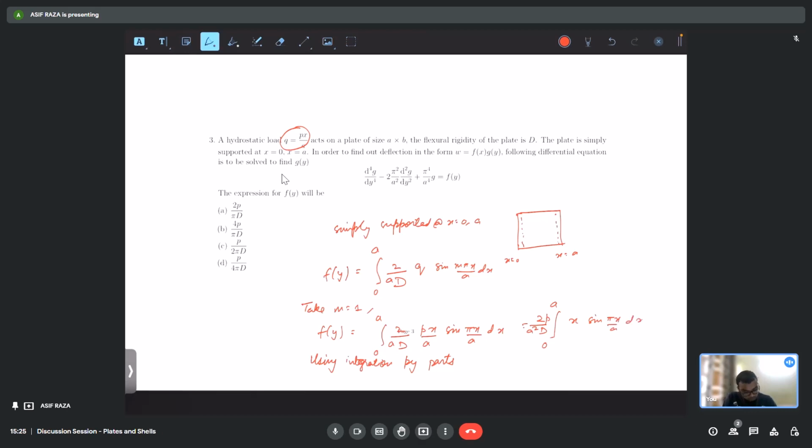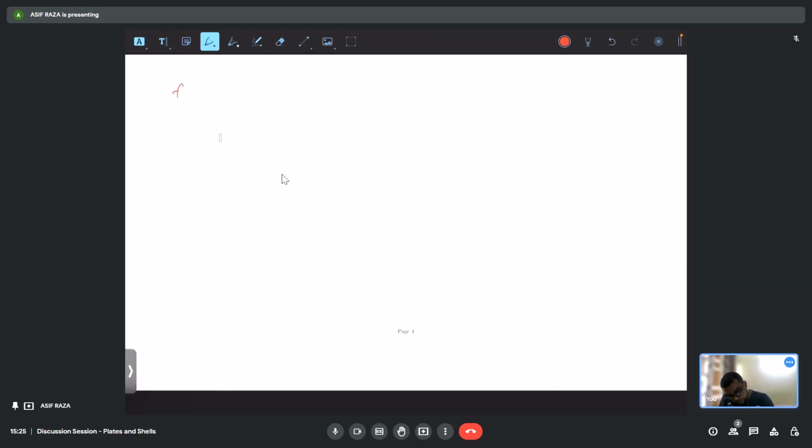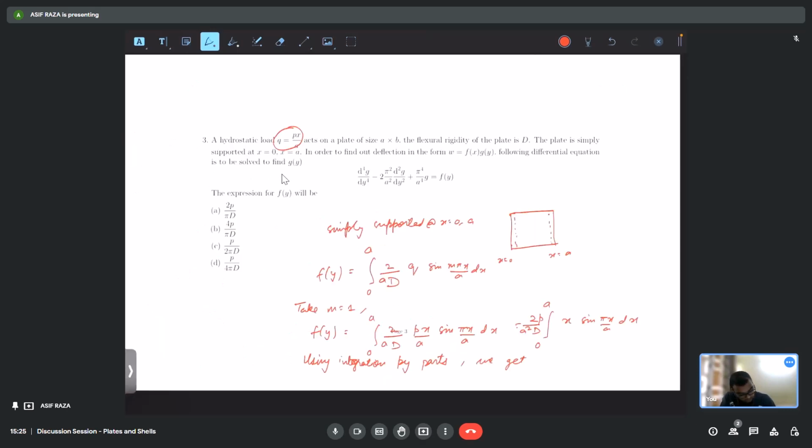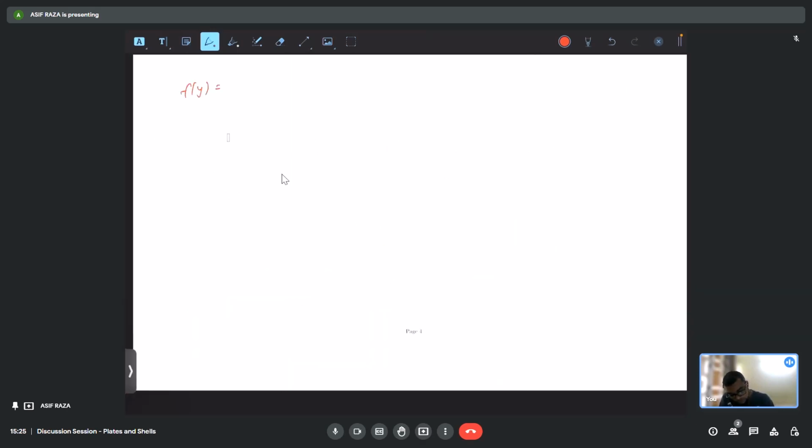So with integration by parts, you would get Fy is equal to, so let's see, we are having 2p a square d, integral 0 to a, x sin(pi x upon a) dx. Integration by parts.